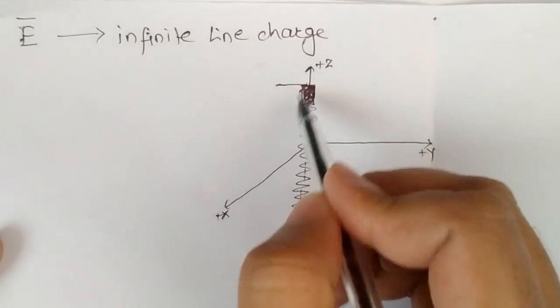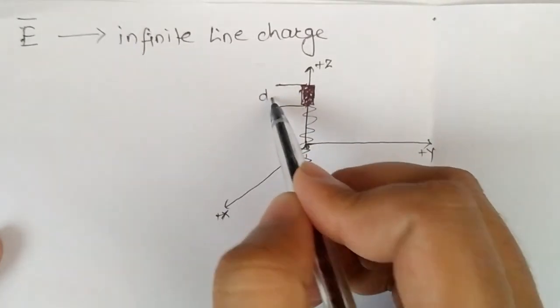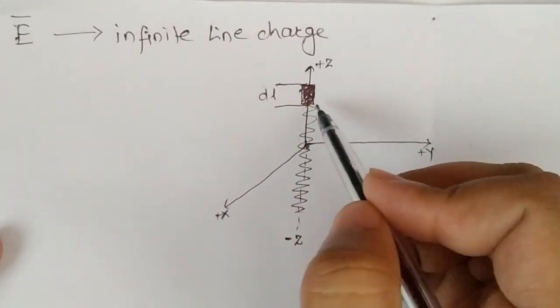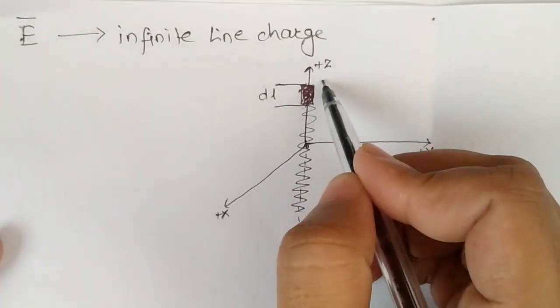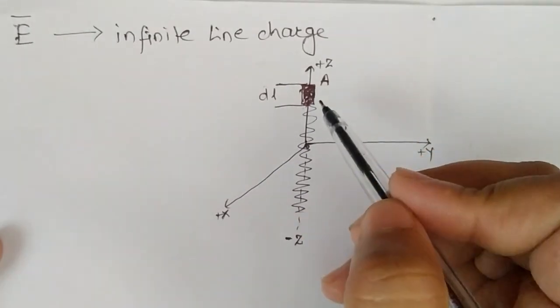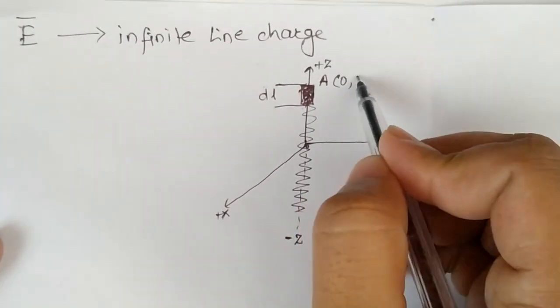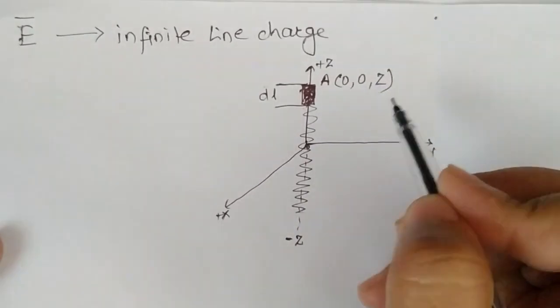Now I am considering this length as dl. This point is considered as A, so the coordinate of the point A will be 0, 0, z.